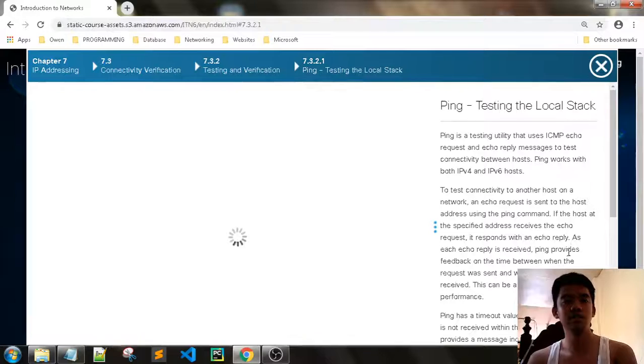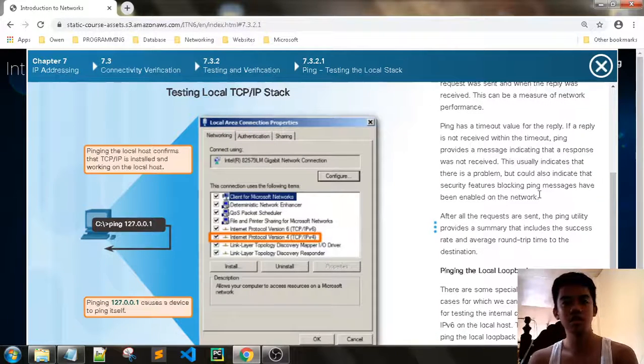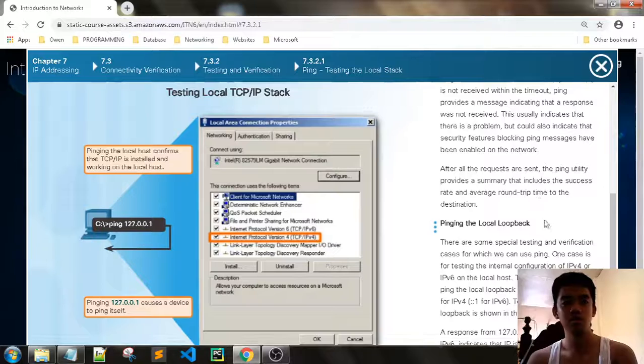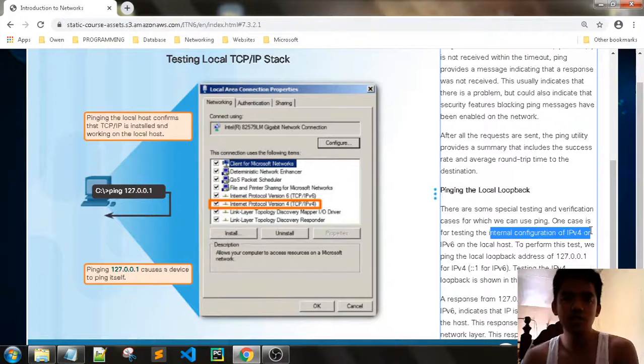Pinging: testing the local stack. We use ping to determine whether the destination host is operational. Pinging the local loopback tests the internal configuration of IPv4 and IPv6 on our local host.